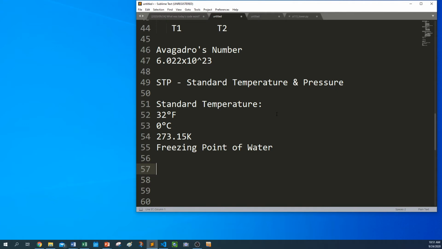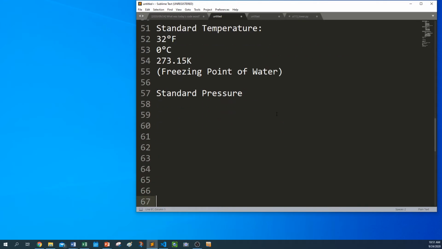So, let's look at standard pressure now. What is standard pressure? What value is standard pressure at? 1 atmosphere.